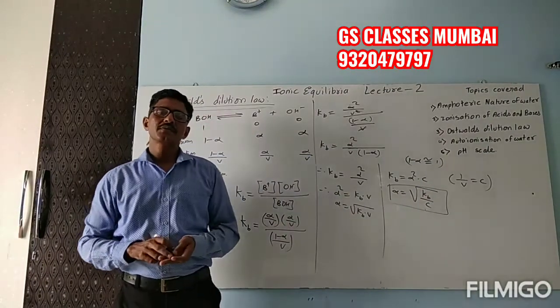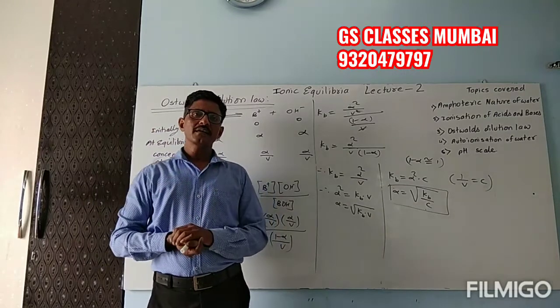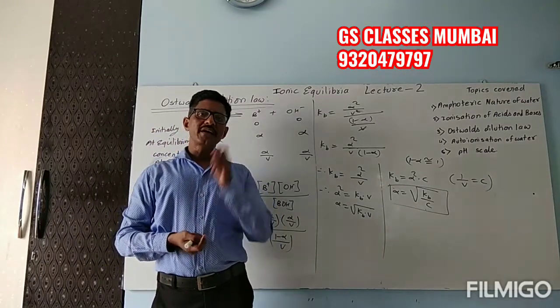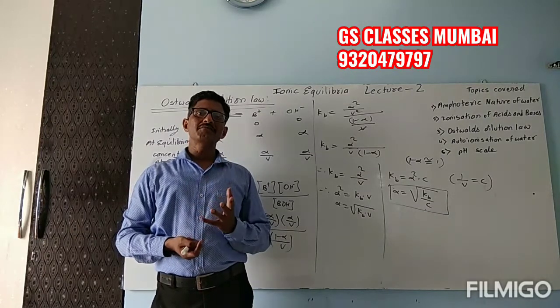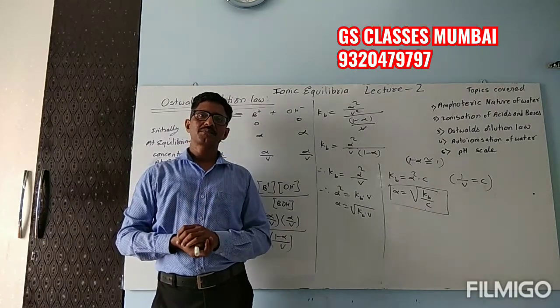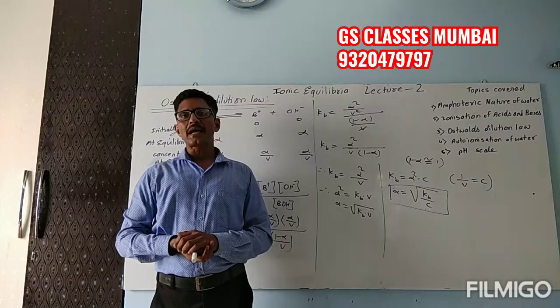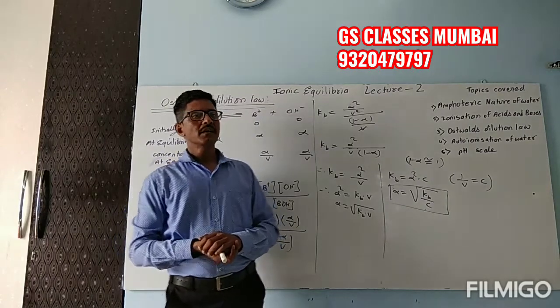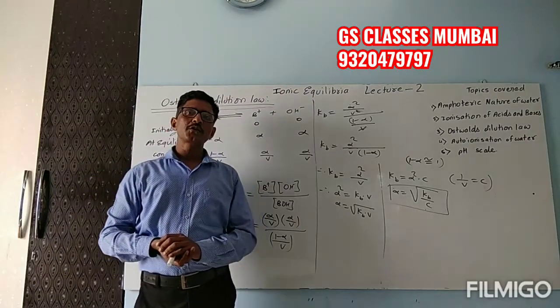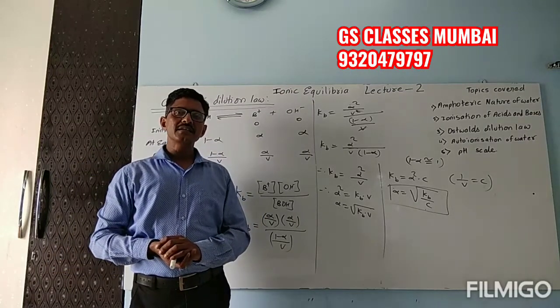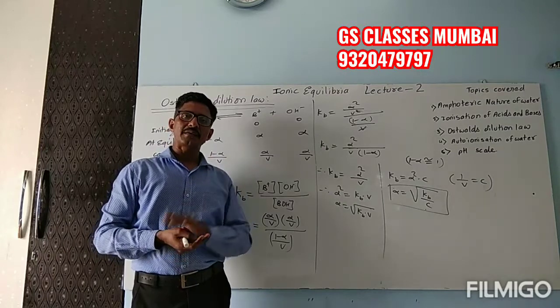So children, you have seen this derivation is word by word the same as what we did for the acids. So in the exam, if they ask you for the base, you have to start with BOH, and if they ask you for the acid, you have to start with HA.